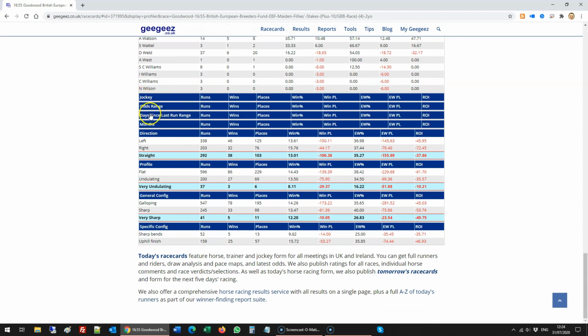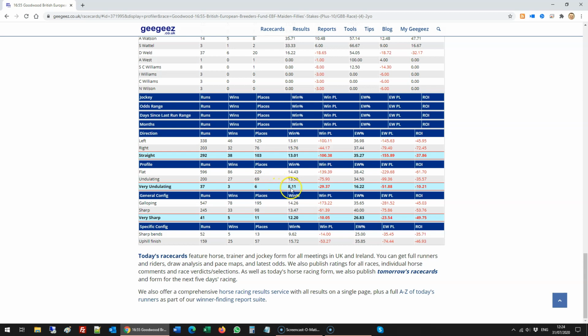Jockey I wouldn't be that into, but again, we've got our course configuration elements, and we can see that, for instance, it's a small sample size here, but very undulating courses haven't really done it for Siuni's hitherto.